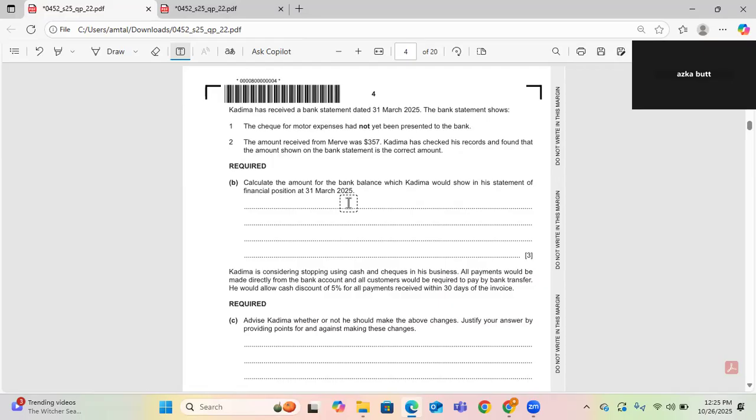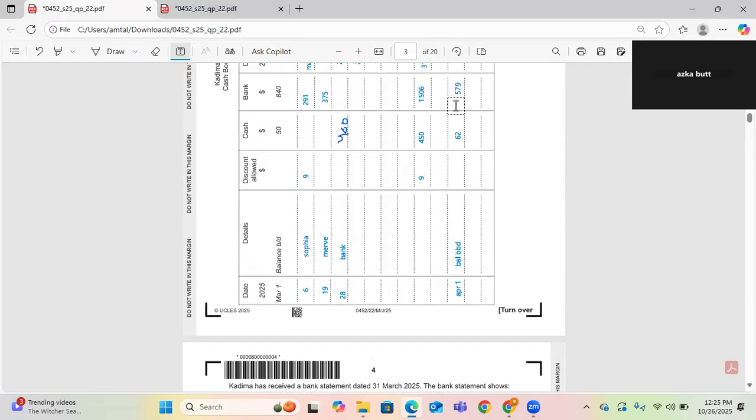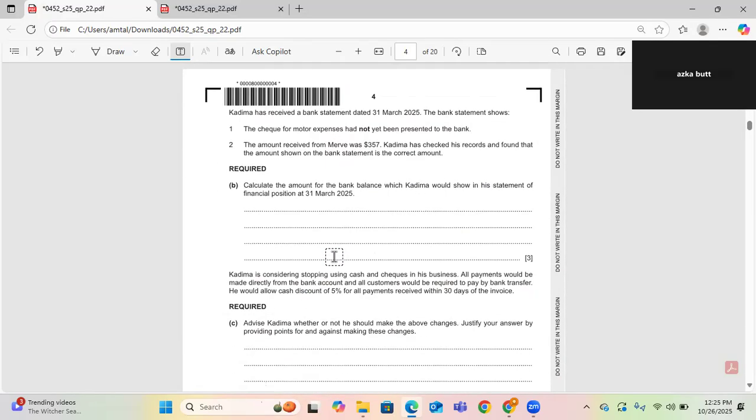March 2027. So what was the cash bank balance? We have the cash bank balance that was 579. So the cash book balance is equal to 579.